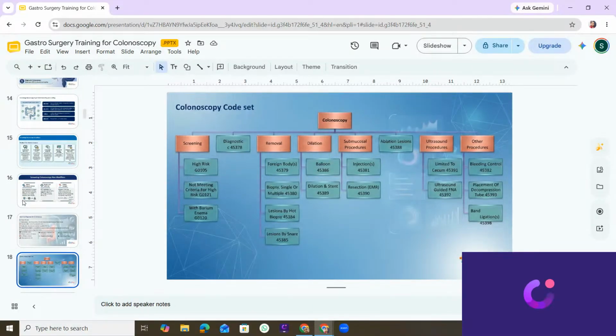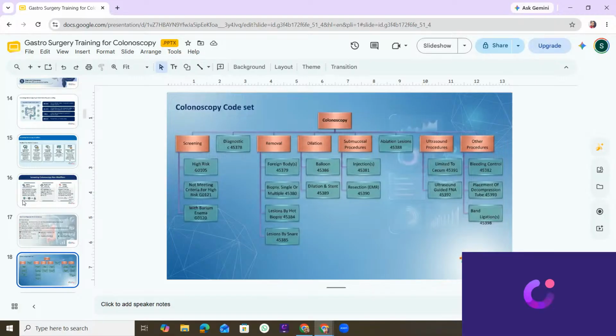Colonoscopy code set, you will see here. Colonoscopy is classified as screening, diagnostic, removal, dilation, submucosal procedure, evaluation of lesion, ultrasound procedure, or other procedure. Coming to the screening part: high risk is G0105; not meeting criteria for high risk, G0121; and with a barium enema, G0120.